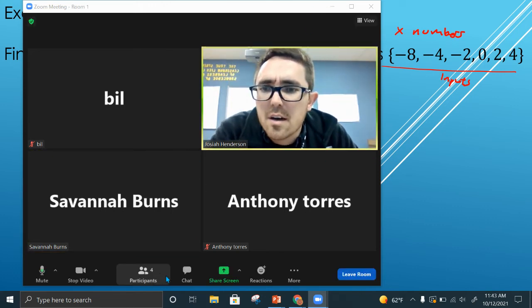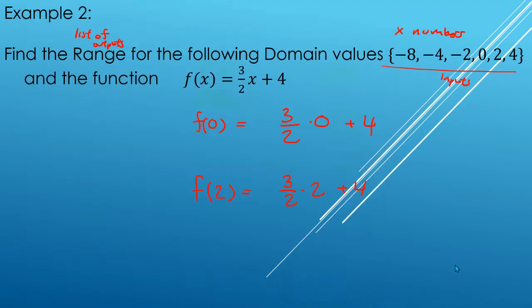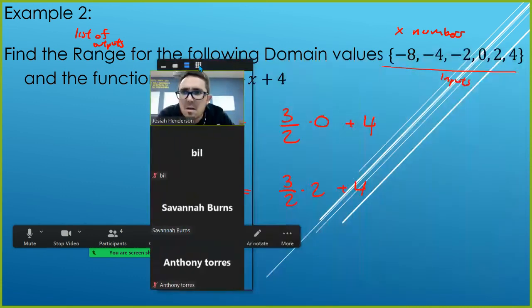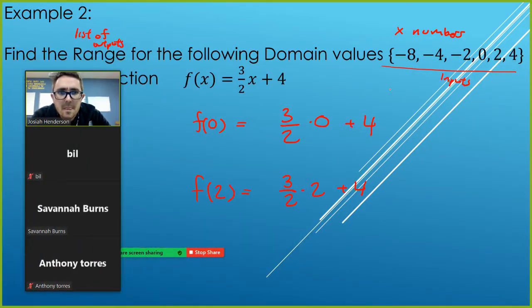And let's see here. I'll pull up mine so we kind of follow along with each other. Okay. So you plugged in -8. What did you get? Or where did you get to, if you don't mind sharing?